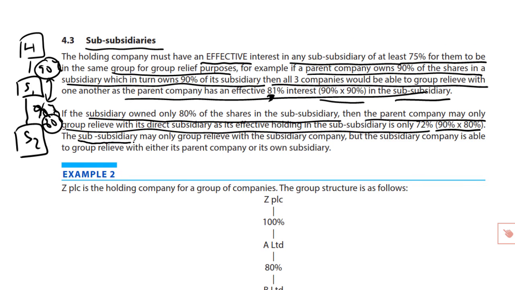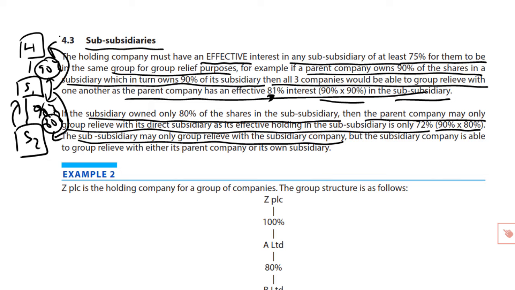The sub-subsidiary, of course, may still group relieve with the subsidiary company, its own parent. S2 is able to group relieve with S1. S1 is in the fortunate position that it can group relieve either with its own subsidiary S2 or with its parent company, the holding company there.